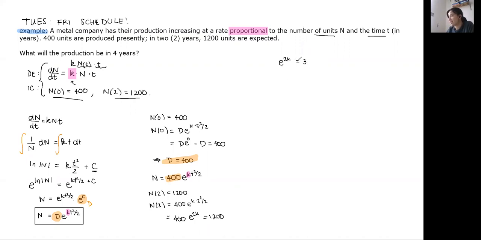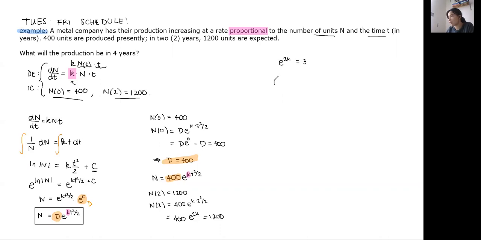So I have e to the 2k is equal to 3, which means that if I try to solve for 2k over here, I'm going to do the opposite of what I did here. Right? So I said, if I want to get rid of a logarithm, I have to put it on the exponent of e. Well, here, if I want to get the exponent of e, I need to apply a logarithm on both sides.